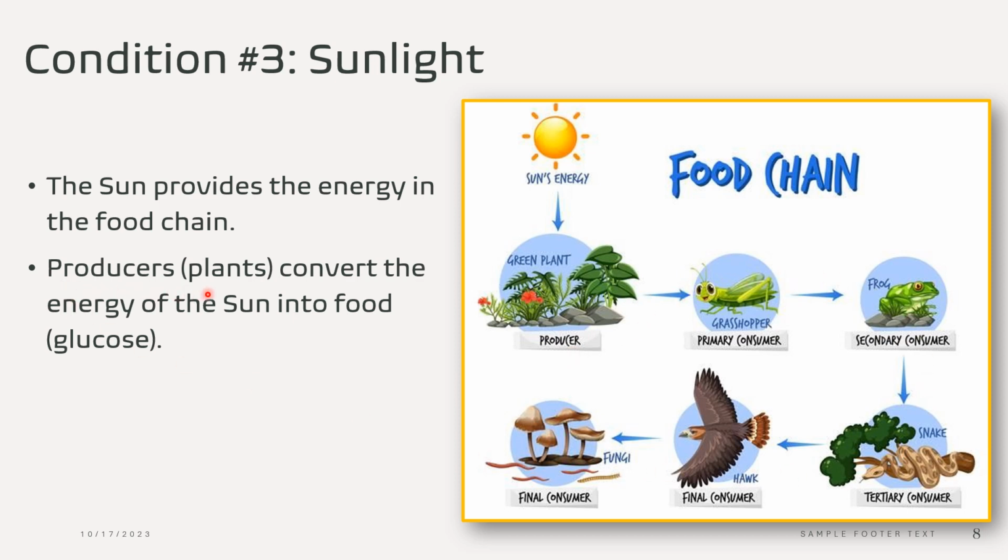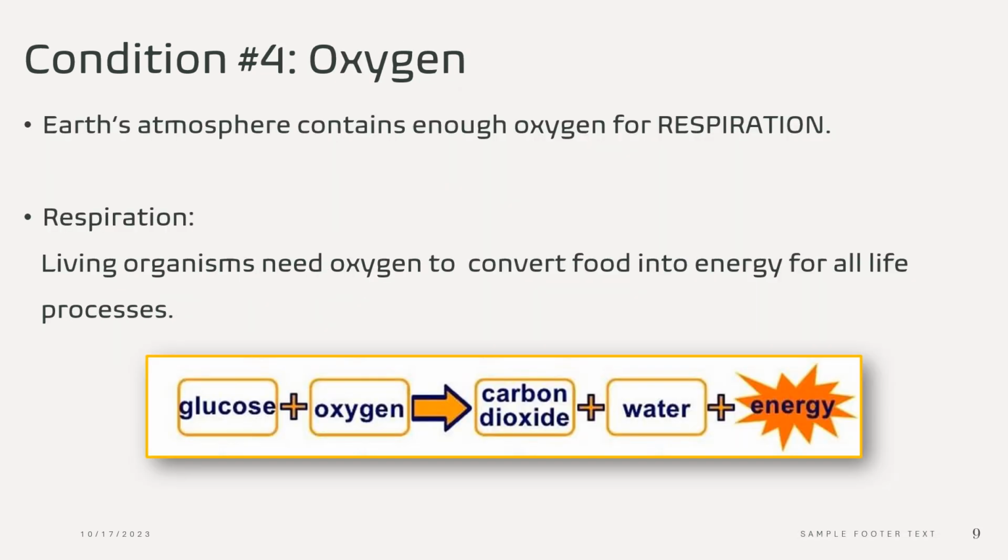So the producers, the plants, convert the energy of the sun into food or glucose. You learned about that in term 1. So sunlight is extremely important to sustain life on earth, because that is what plants need to produce food for the food chains.